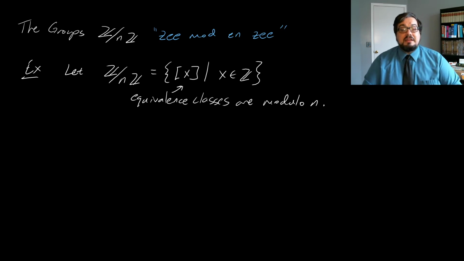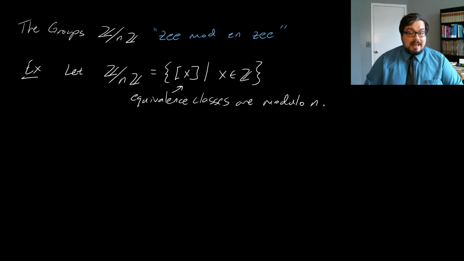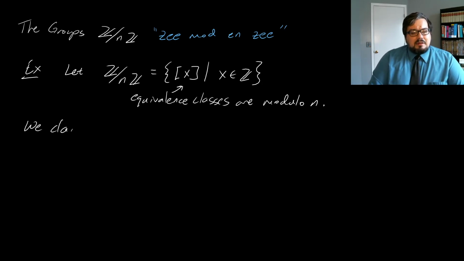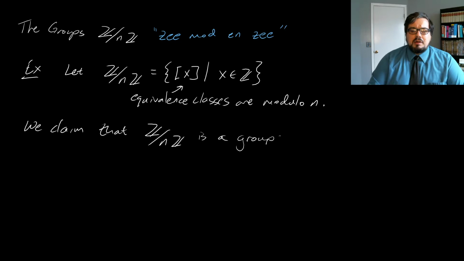So these are the equivalence classes of integers modulo some positive integer n that we've been looking at before. Now we're going to claim that Z mod NZ is a group under addition.